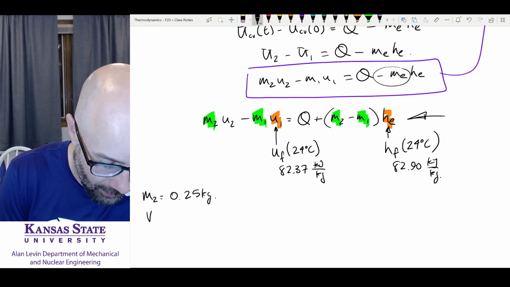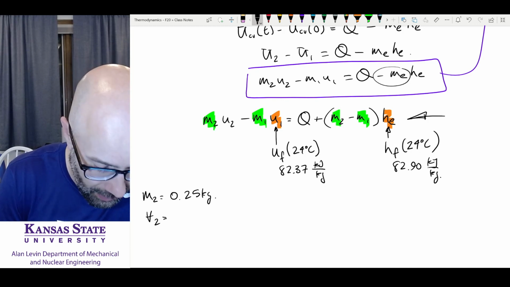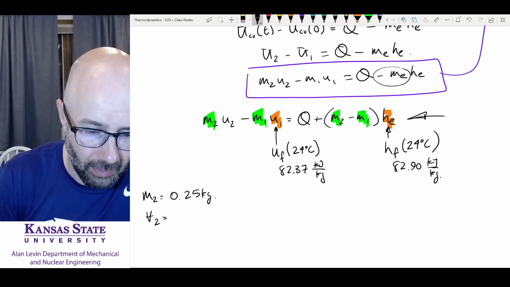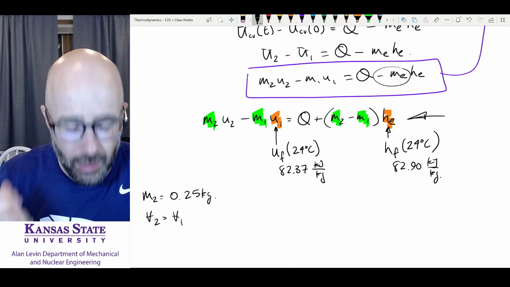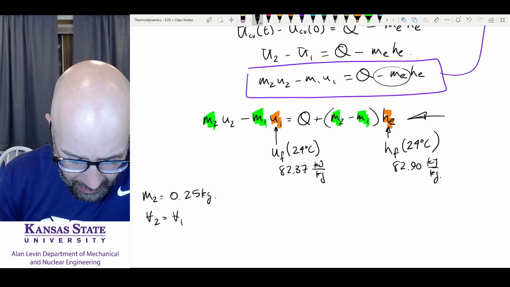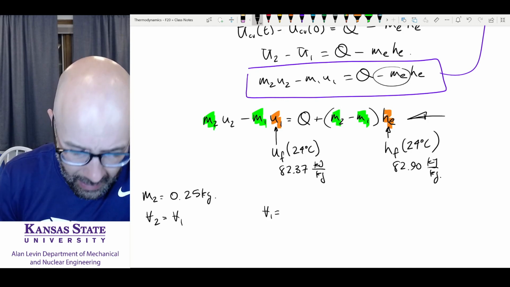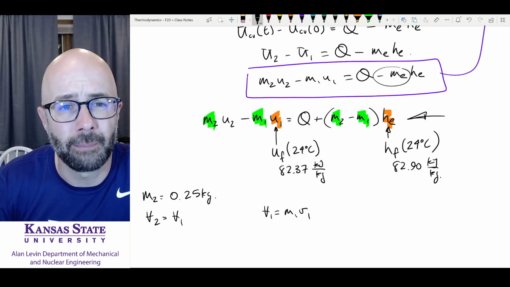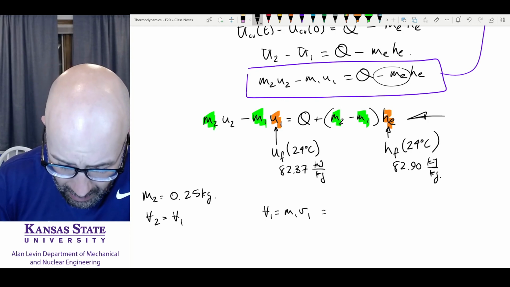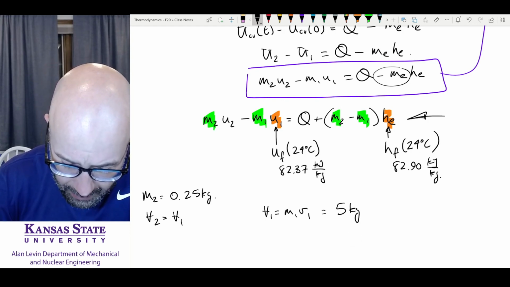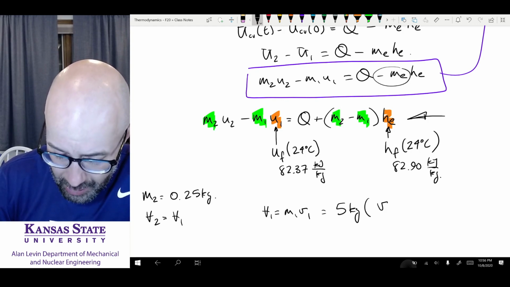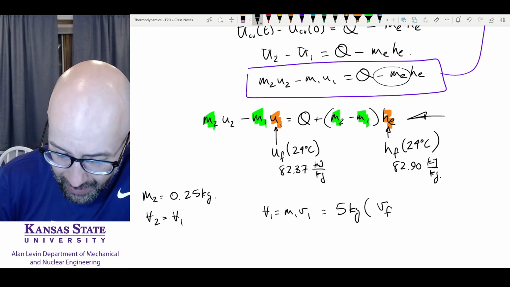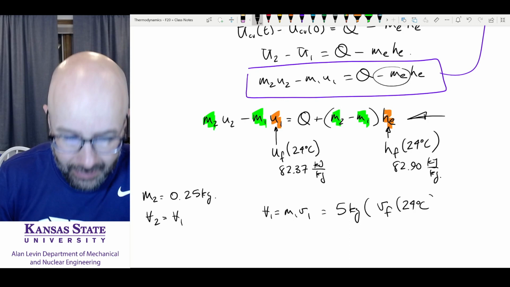And I know my volume at 2, since it's a rigid tank, is equal to my volume at 1, which I don't know yet. But if I can find it, because the volume of 1 is equal to mass 1 times the specific volume of 1, that's going to equal 5 kilograms times the specific volume of the saturated liquid at 24 degrees Celsius.